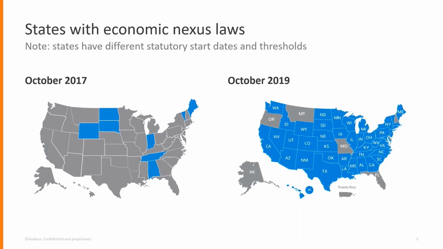Now, historically, you had to get registered for sales tax purposes if you had inventory, offices, employees, physical presence, boots on the ground in any state outside of wherever your home office was. And that's still the case. But in addition to that, now you have to focus on the states where you ship the majority of your products.